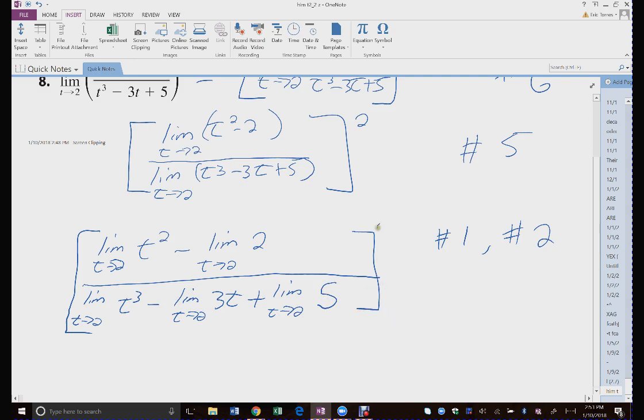Finish my bracket and don't forget my exponent of 2. Again, the subtraction and addition was split into multiple limits by limit laws 1 and 2.